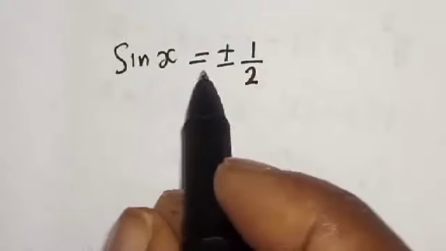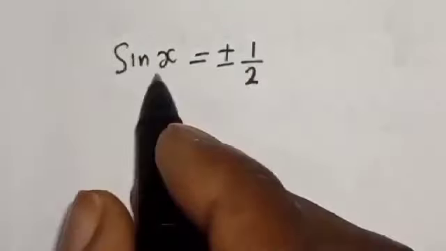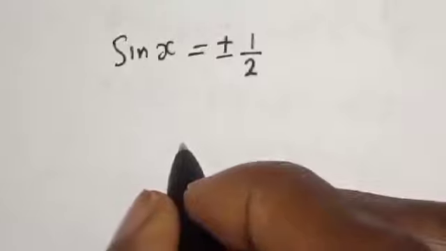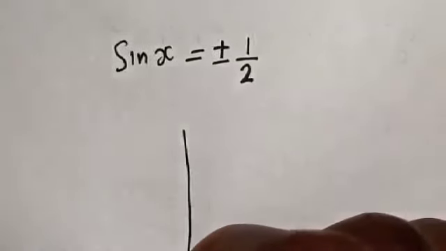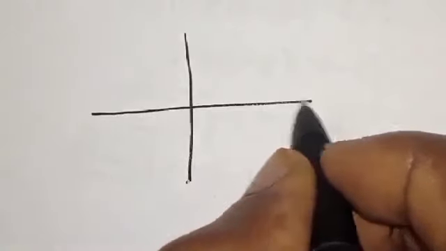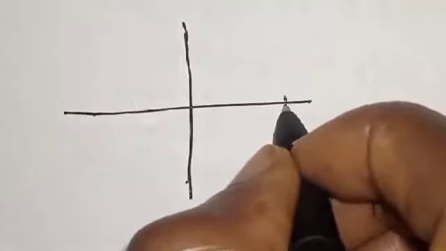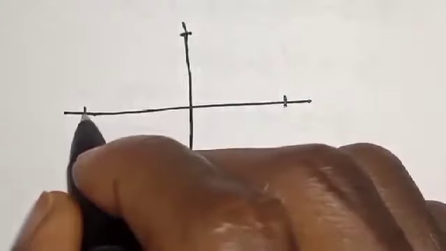Then when sine x is equal to plus or minus 1 over 2, we want to find the value of x. So let's draw we have x and y plane. Let's draw our circle.